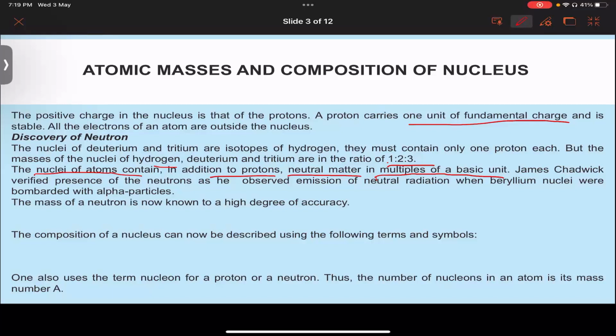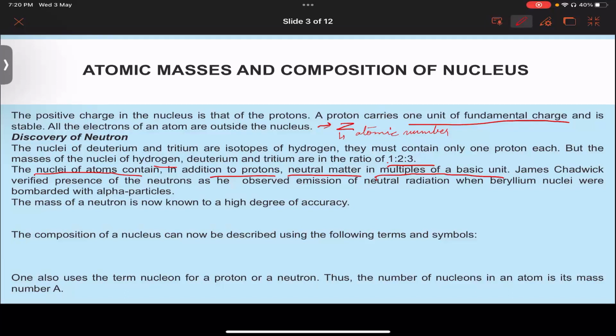Obviously we know that the electrons, which are outside the atom, all the electrons, that is actually the atomic number, that is the Z. Z is the atomic number. For the atom to be in the neutral state, the number of protons and electrons are equal.